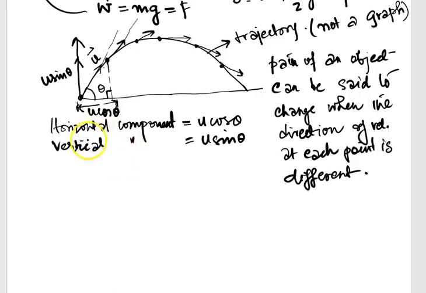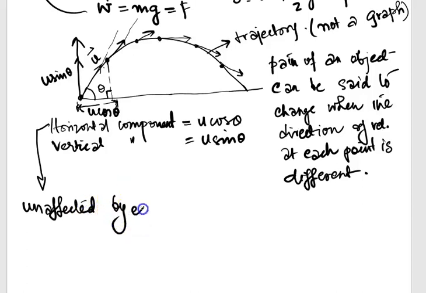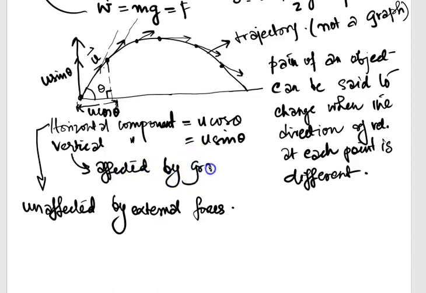So unaffected by external forces. Affected by gravity. Makes sense, right? Because gravity will only act on that part of the system wherein it's trying to move in the vertical direction.